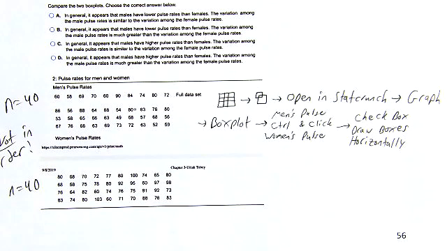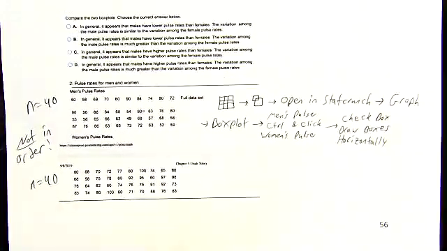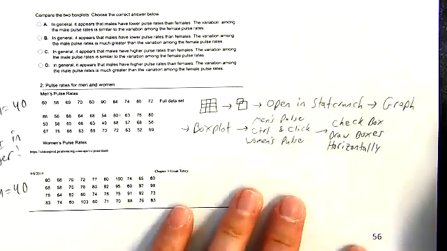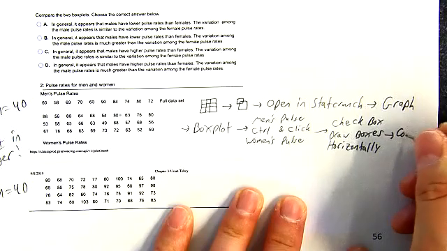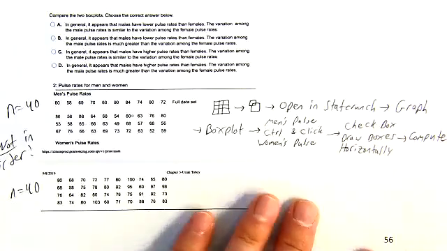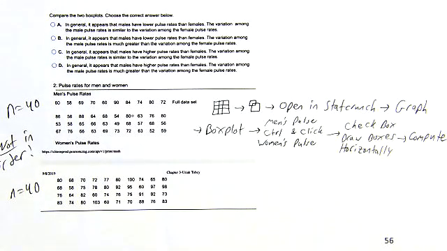But in this problem, we want them horizontally because that's how I introduced the graphic. And then you're just going to hit compute, which will actually do all the work for us. And then it will produce the box plot.